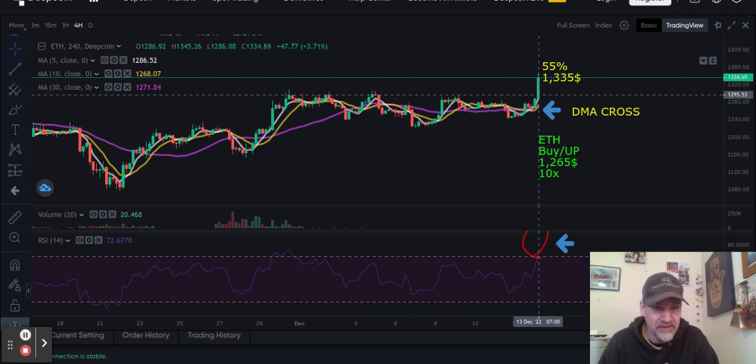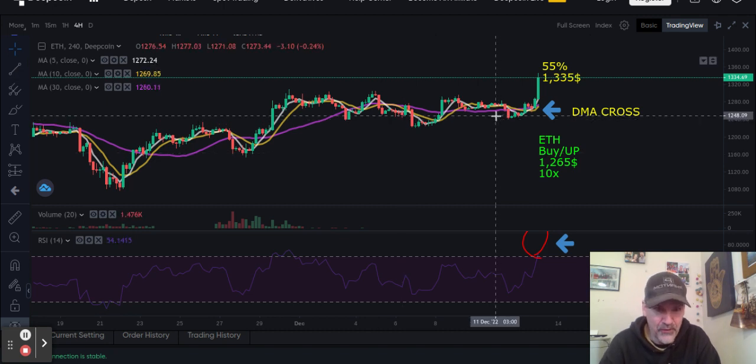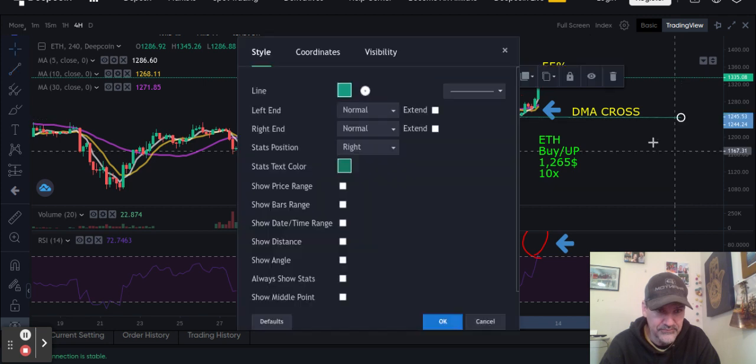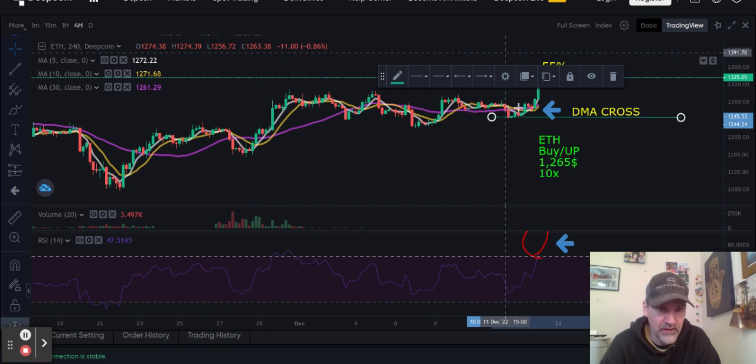Okay? All within that zone. And your zone, very simply put, is going to be right here at about 1245. Okay, right there.